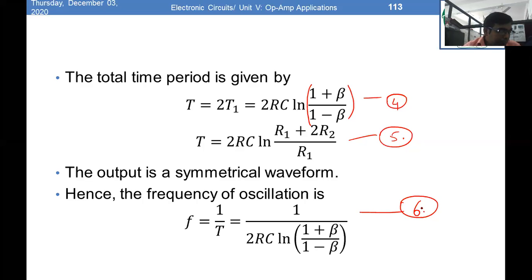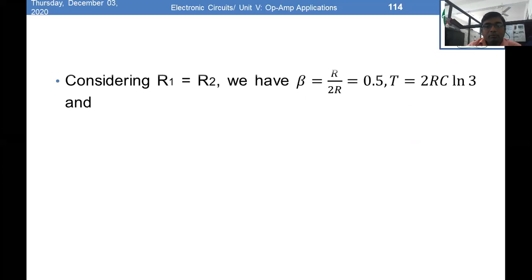Now, we have to consider one case, and the case is what? We consider R1 and R2 both equal. The resistor network, the potential divider network, would be equal, and then the time period would change: it becomes 2RC ln 3, because beta would become 0.5.